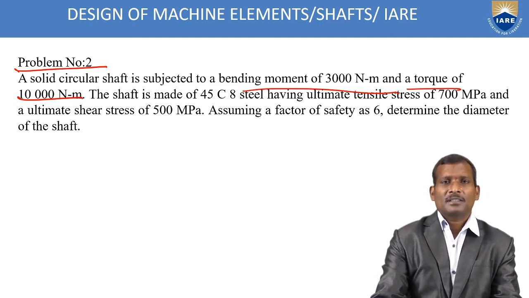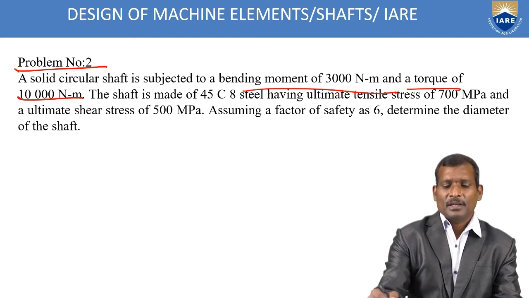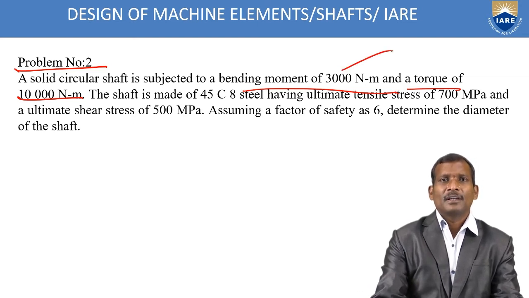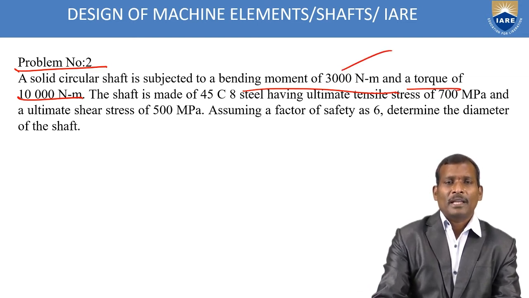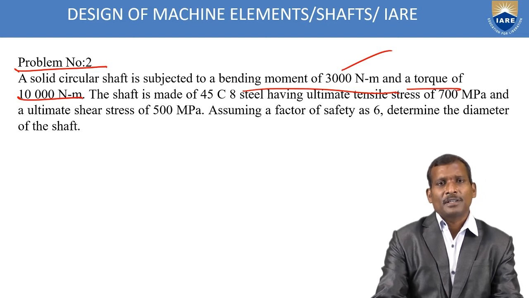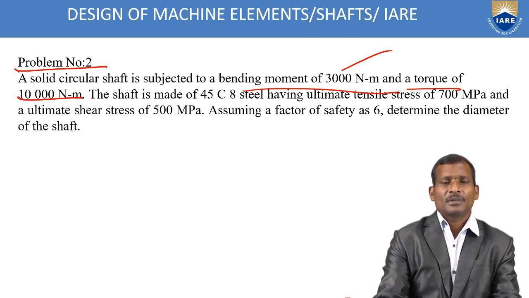But in this case, the shaft is subjected to a combination of bending moment and torque. Given these values, there is no need to calculate bending moment and torque separately. Just substitute these values in the empirical relations and you can calculate the diameter of the shaft.